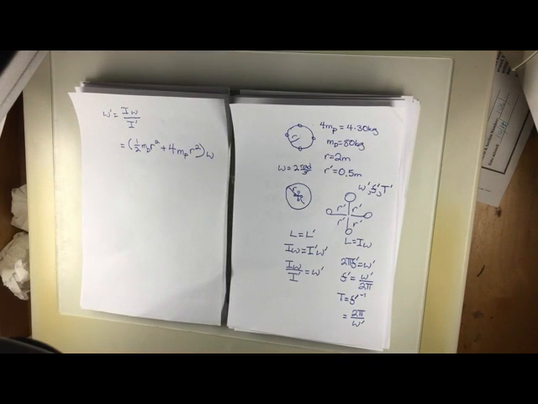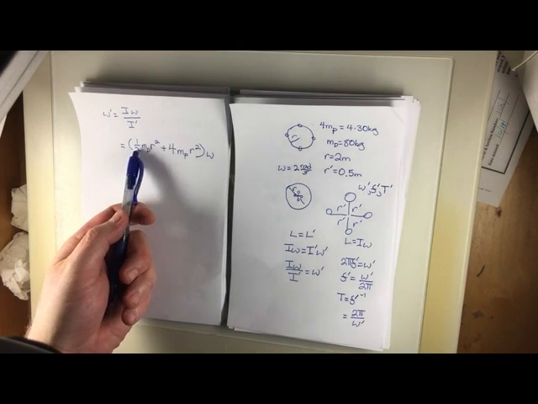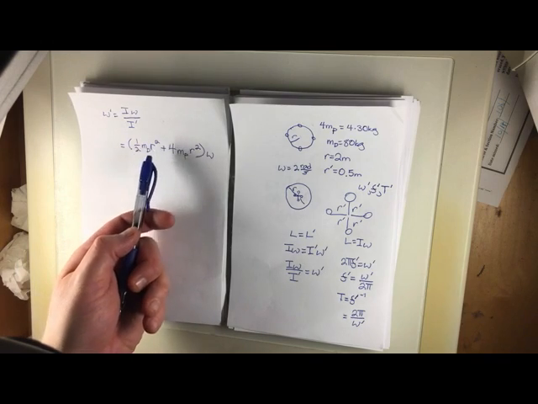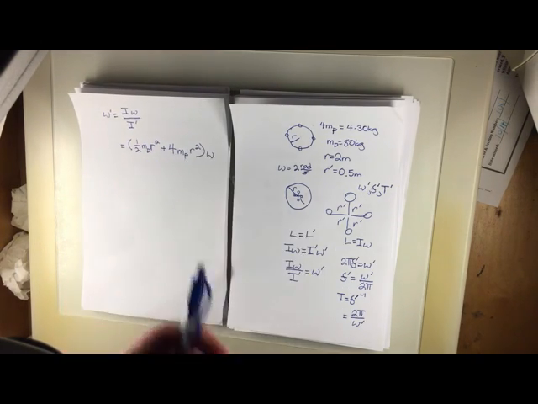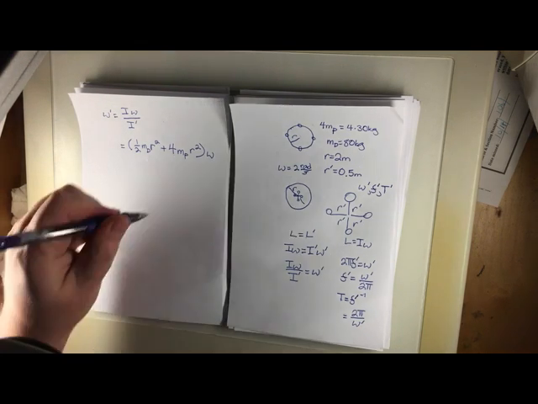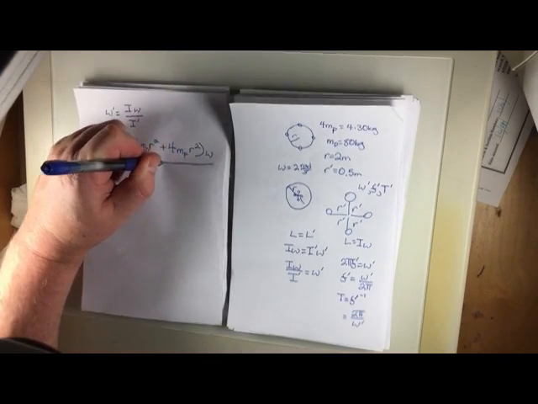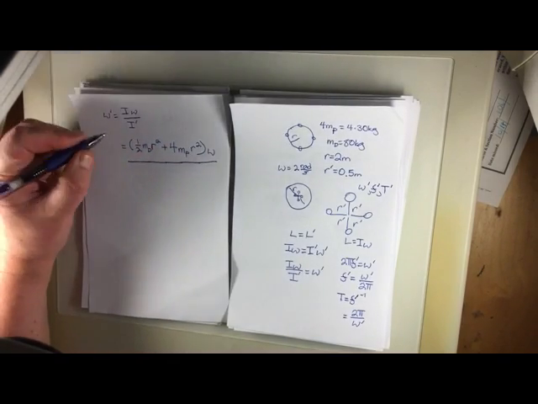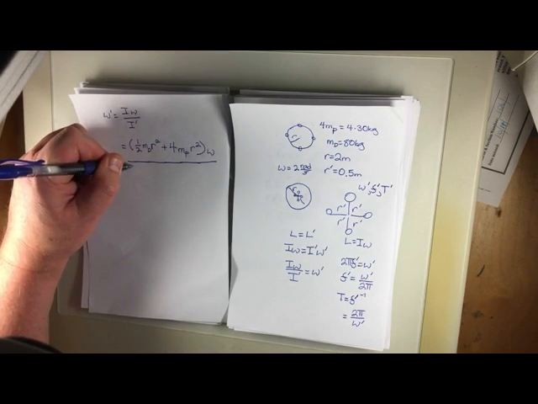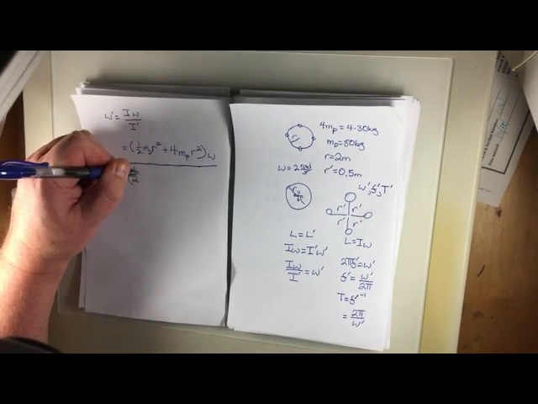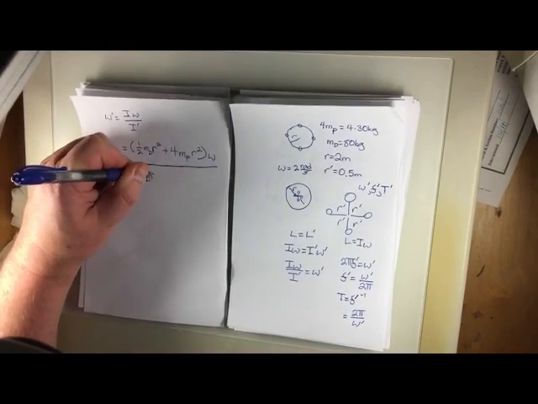The moment of inertia of the system is the sum of the moments of inertia. You have a disk and you have 4 points. So you just take the sum of the moment of inertia of the disk plus 4 times the point's moment of inertia. And you divide this by the new moment of inertia. The new moment of inertia is 1/2 mass of the disk r squared.